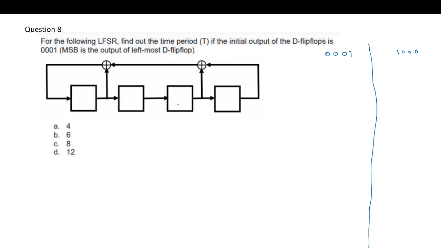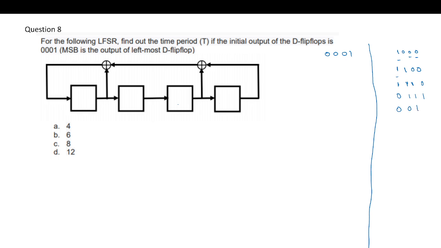Now if it is 1001, we have to take the XOR of these. 0 XORed with 1 is 1. Shifted: 1 0 0. Next, again this and this is 0, with this it's 1. So 1 1 1 0. Next, 1 and 0 is 1, 1 and 1 is 0. So 0 1 1 1. Next, 1 and 1 is 0, with 0 it's 0.